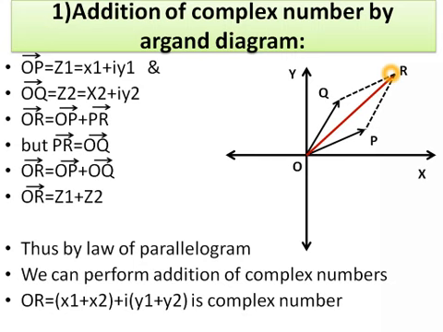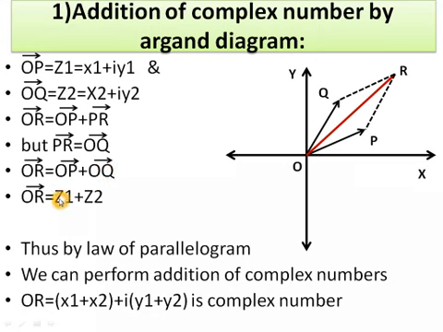So here the diagonal has been drawn with the red color, and from that we can say that OR is nothing but OP plus PR. But we know that we have constructed PR and OQ to be the same. So therefore one can say that OR, shown by the red line, is equal to OP plus OQ.